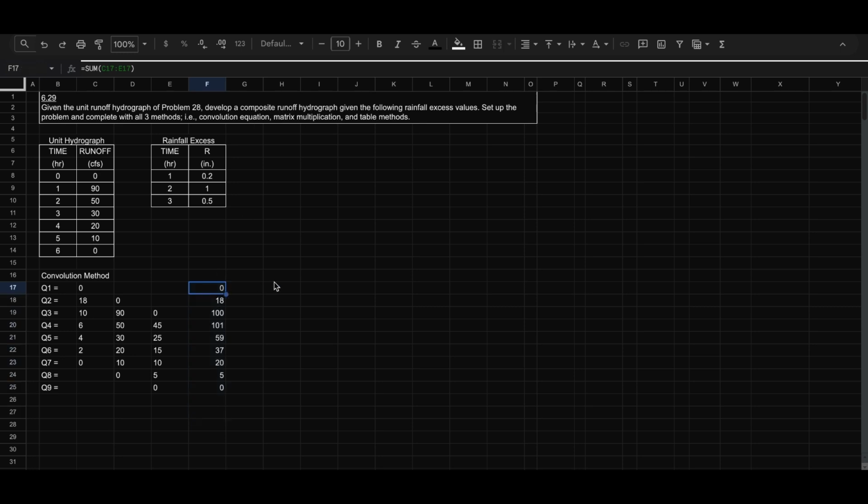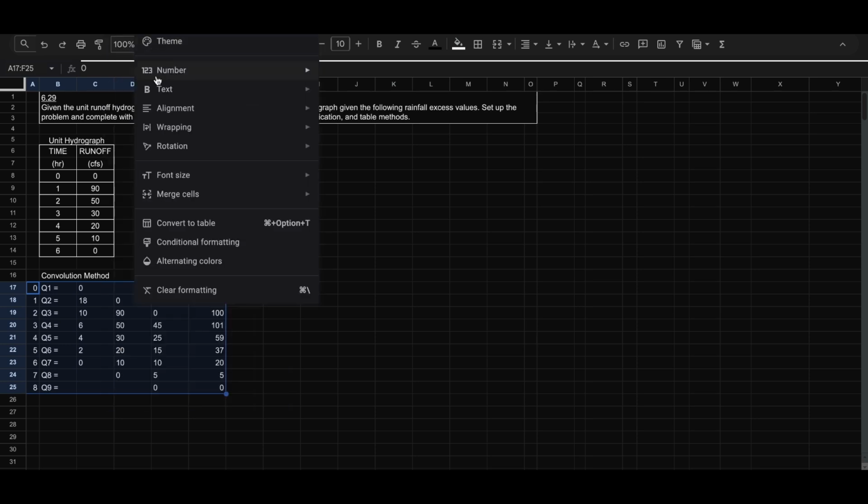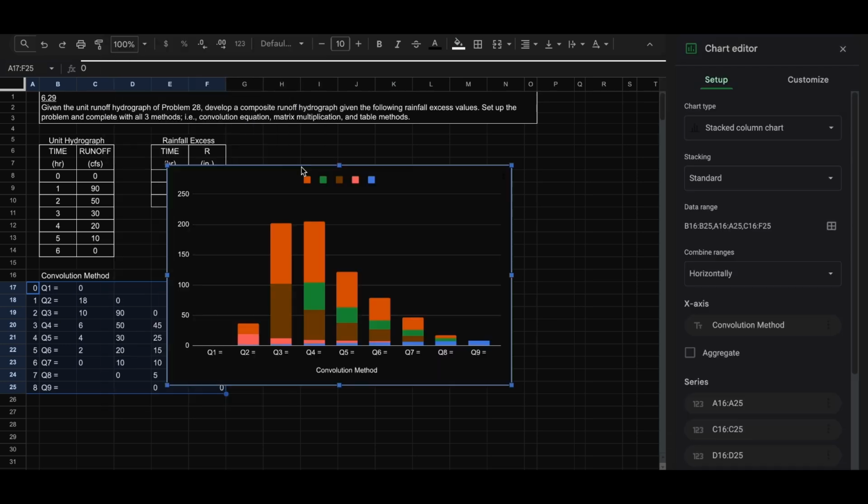Now, the nice thing about this convolution method is that when you plot it, you can get, let's see, let's use here, this is 0, 1, 2, let's use these as the hours, 6, 7, 8. So these are the hours of the total storm. So when we plot them, let's grab all this data, insert chart.